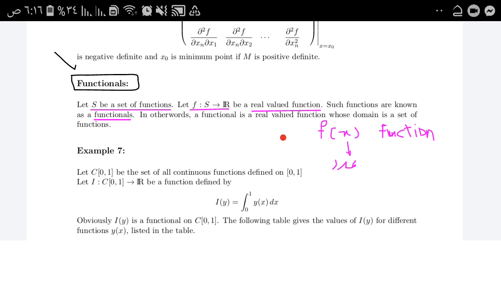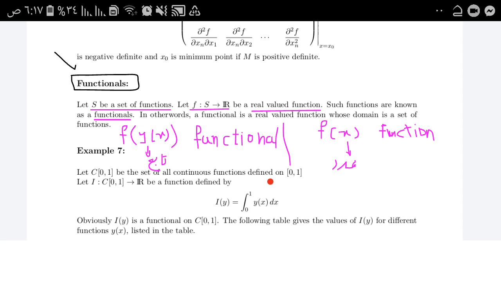اینو بهش میگیم فانکشن. اما اگر بنویسم f of y(x)، اینو بهش میگیم functional.